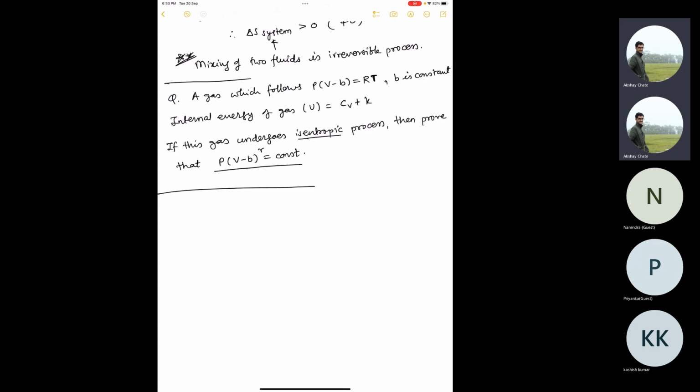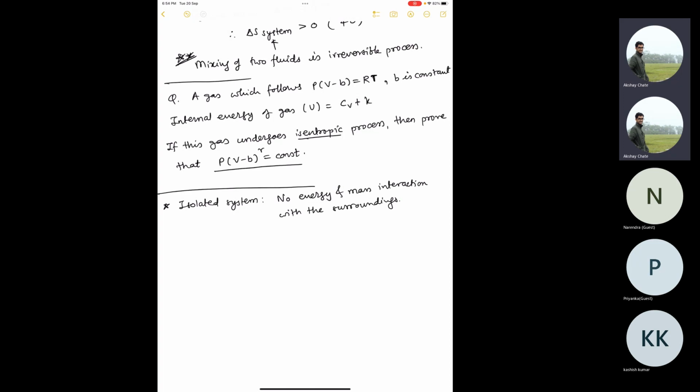First of all, you should know what an isolated system is. An isolated system has no energy and mass interaction, transfer, both are same, with the surroundings.